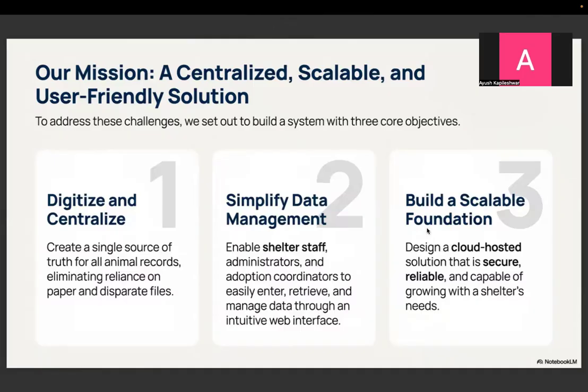The second one would be to simplify data management so even the non-technical staff at the shelter can use it easily, because as we know the animal shelter staff are not exactly tech savvy, so we should make an application that is easy to use for them. And thirdly, it would be to build a scalable foundation so the system can grow as the shelter grows. Our focus was not just functionality but also usability and long-term scalability.